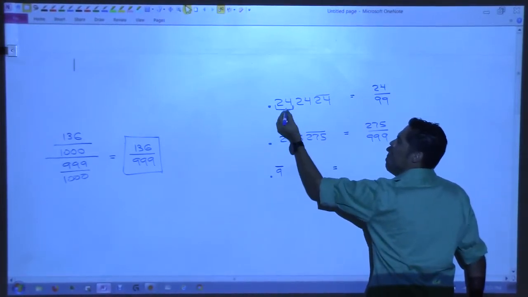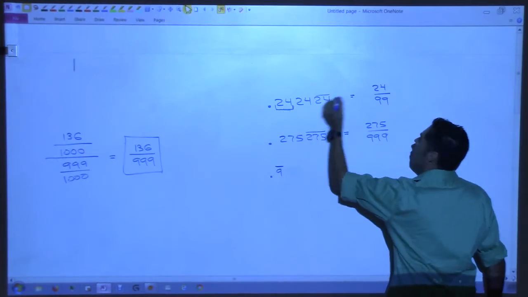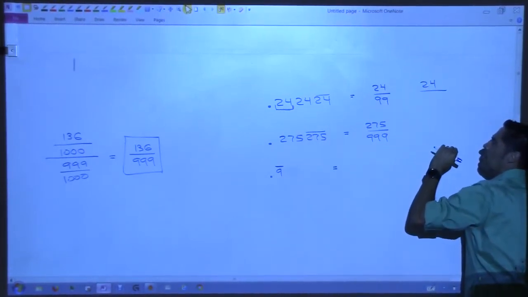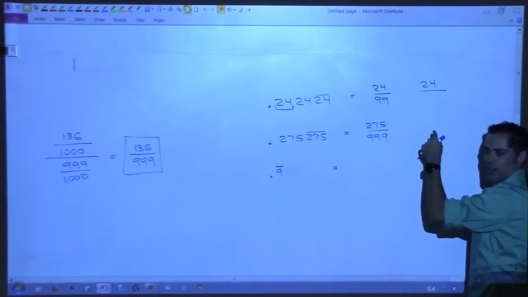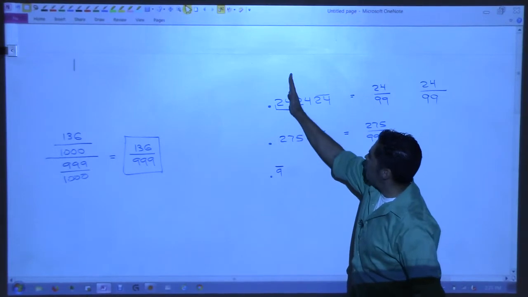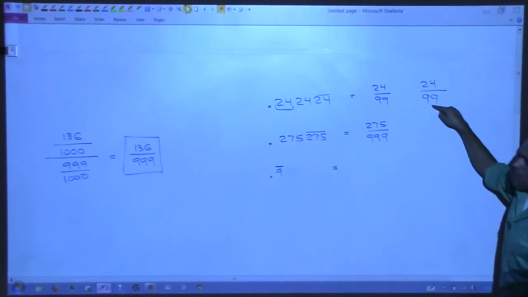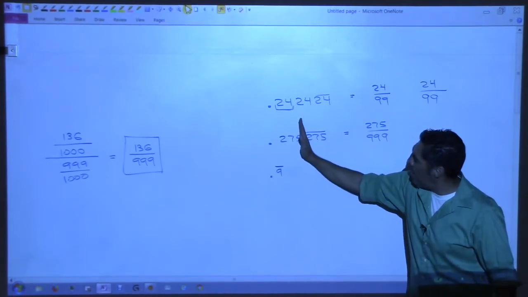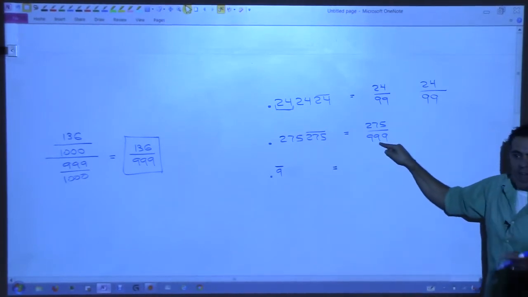So this is 24, and we're taking 24 and dividing by 1 less than 100, to get the 99. It's like we're in the 100th position on the 4, so we use 100 down here and subtract 1. Here we're on the 1,000th position on the 5, so we take the number divided by 1,000 minus 1.